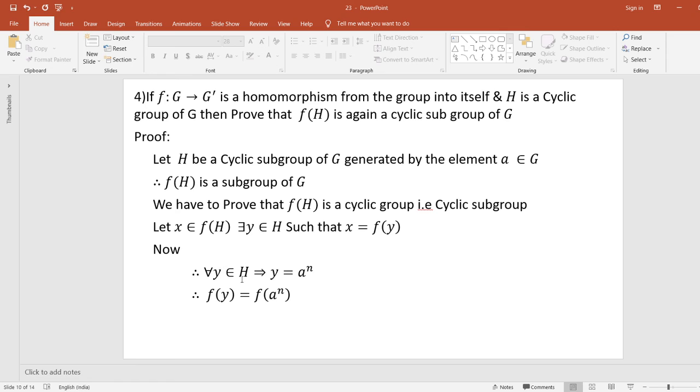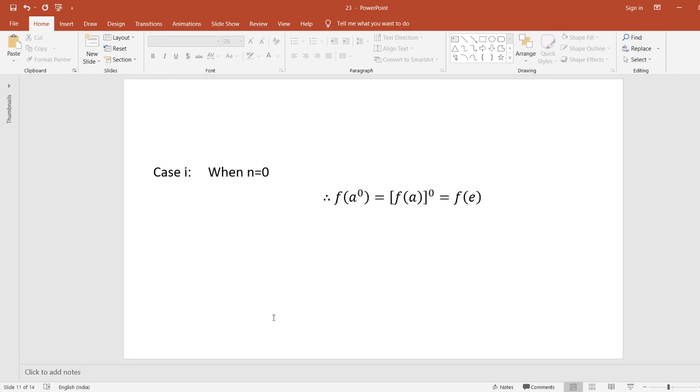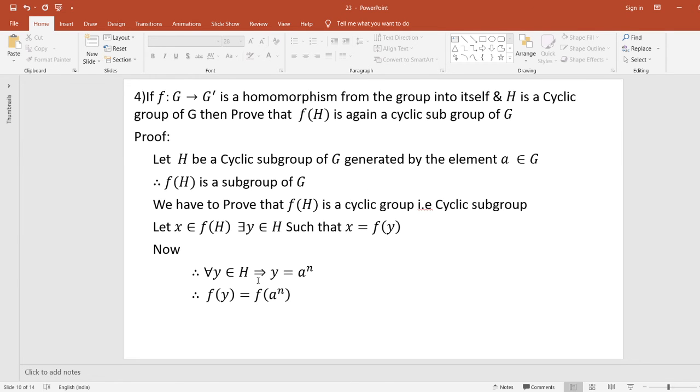Therefore, for all y belonging to H, y is equal to a power n, because H is a cyclic subgroup generated by a. Applying the function on both sides, we have f of y is equal to f of a power n. So here we have proved f of H is a cyclic subgroup, that is, it also has a generator.